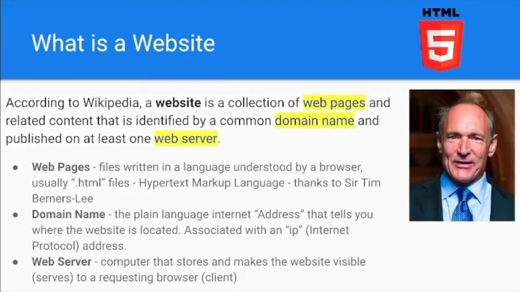So first of all, what is a website? This guy, anyone know who this guy is? Tim Berners-Lee. Good. Okay, we'll give him the gold star. It's Sir Tim, by the way. He's been attributed with basically coming up with the web, in terms of browsers and the use of browsers to display information and to communicate.